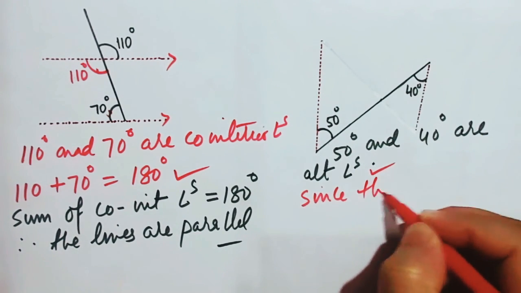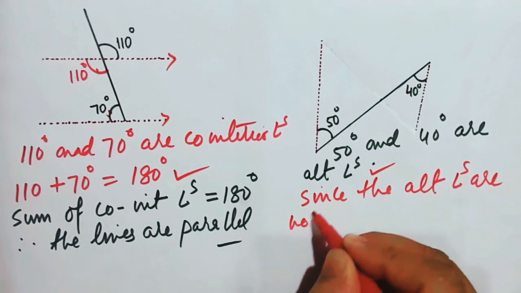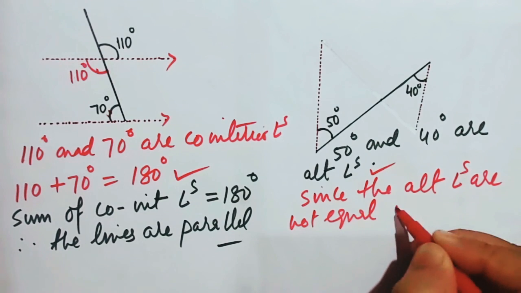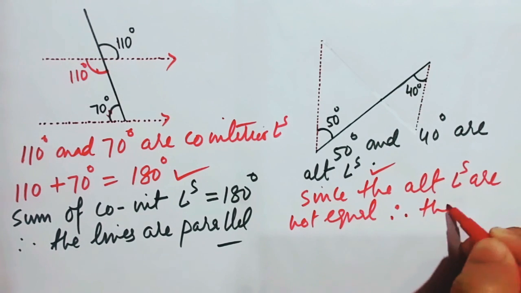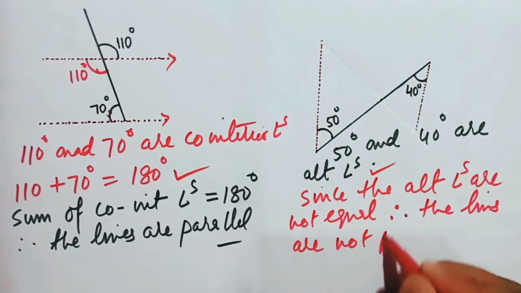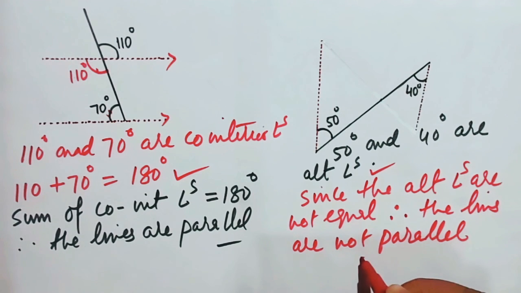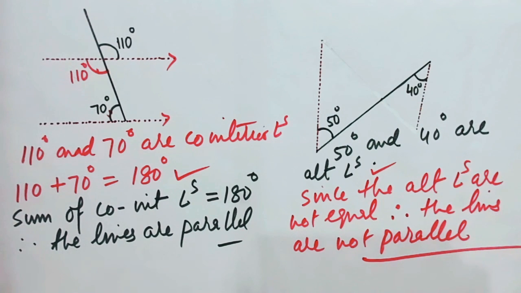Since the alternate angles are not equal, therefore the lines are not parallel. I hope you have understood it clearly.